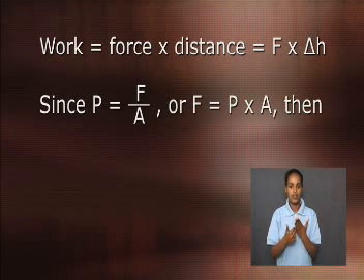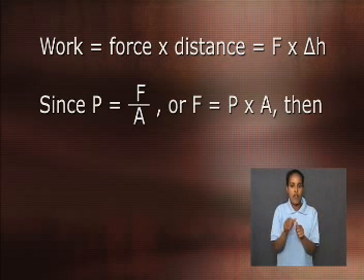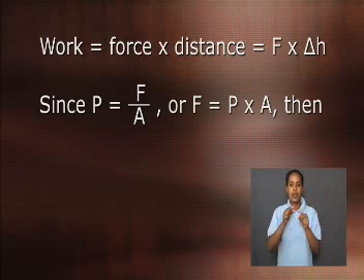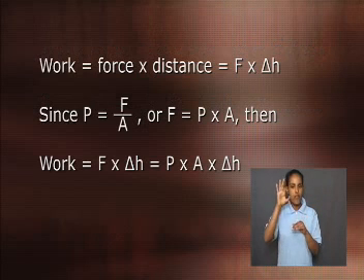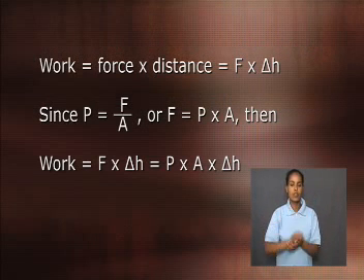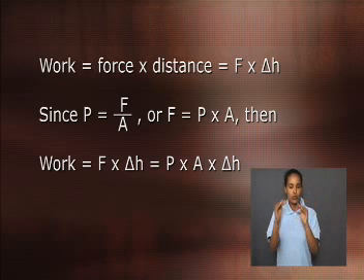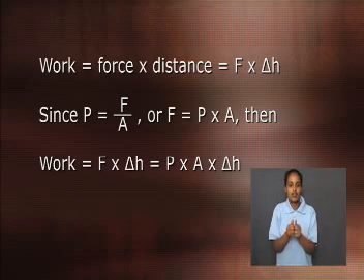Therefore, since pressure is equal to force over area, or force is equal to pressure times area, then work is equal to force times the distance the piston moves. It is also equal to pressure times area times the change in distance that the piston moves.